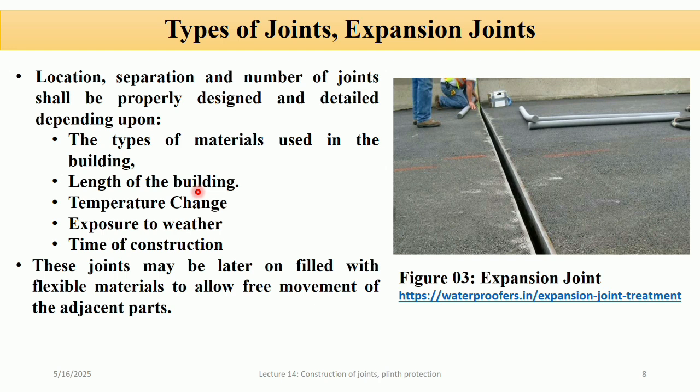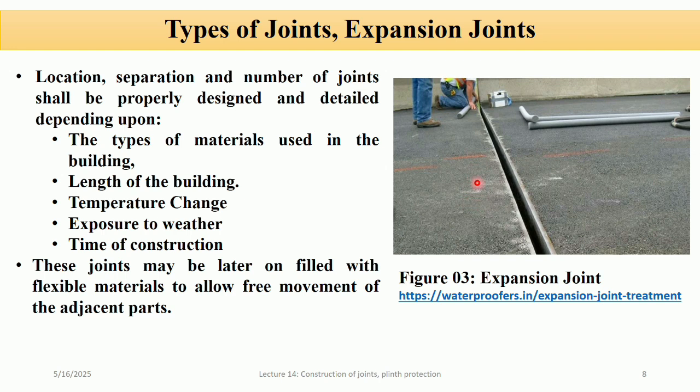Length of the building. Longer buildings experience more thermal movements. As the length increases, the need for more frequent expansion joints increases. You can see it's a direct relation in the thermal expansion formula.